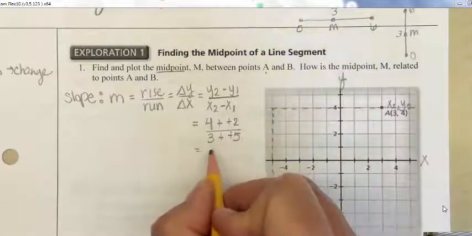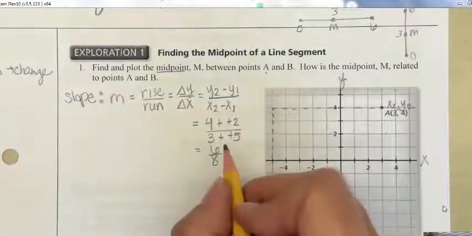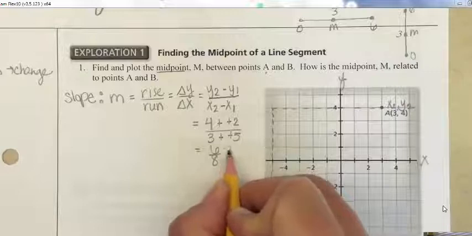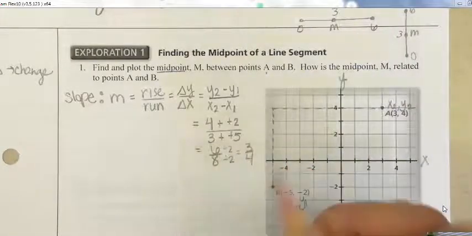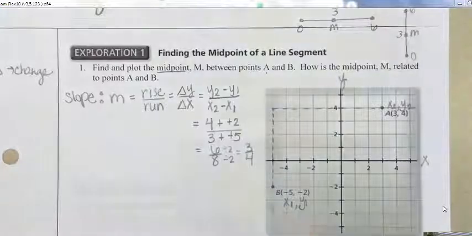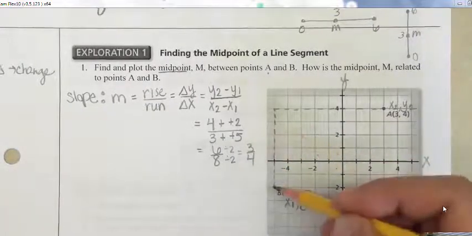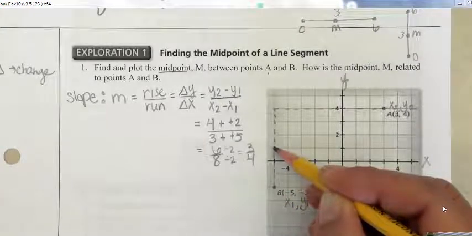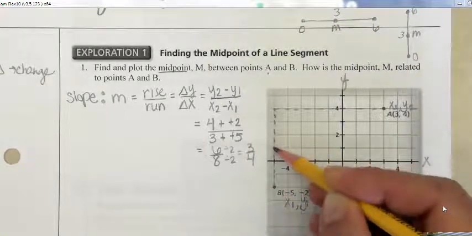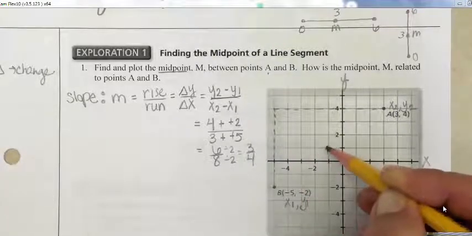So I'm ending up with 6/8. Or if I reduce that, dividing top and bottom by 2, I end up with 3/4. which would mean that from B, I would need to go up 3 and over 4 to get to the midpoint. So let's see, if I go up 1, 2, 3, because that's halfway, and then go over 1, 2, 3, 4, that puts me right here.